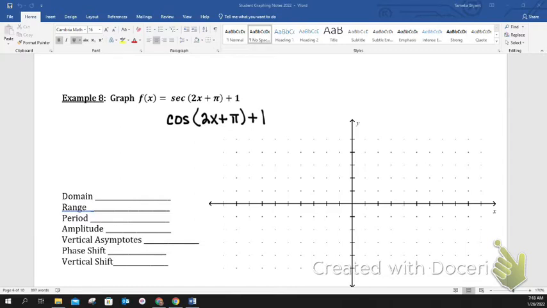So take your parentheses and set this equal to 0. My start: if I take 2x plus pi and set that equal to 0, go ahead and solve that for x.